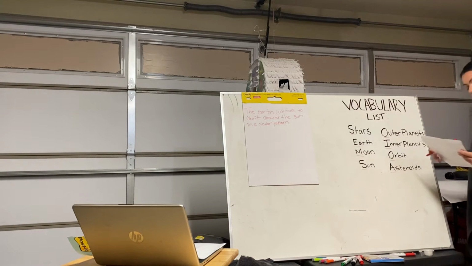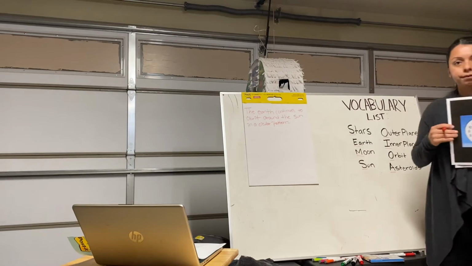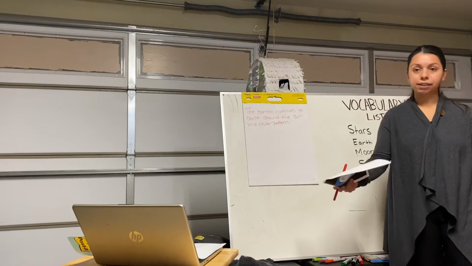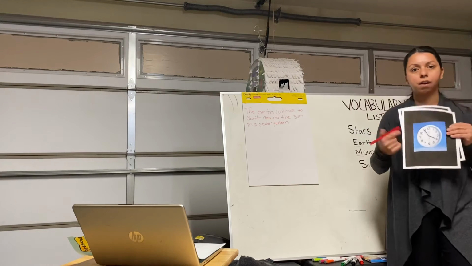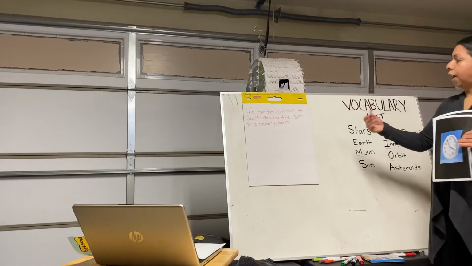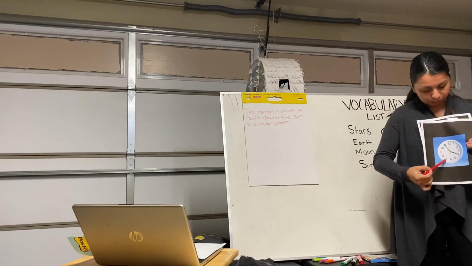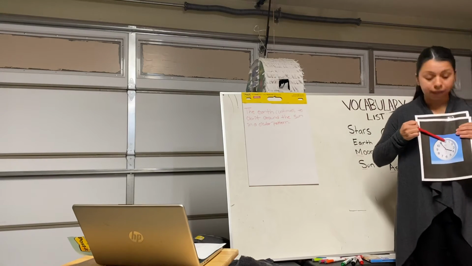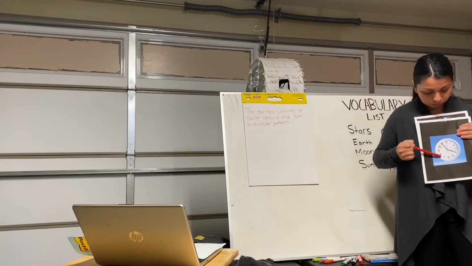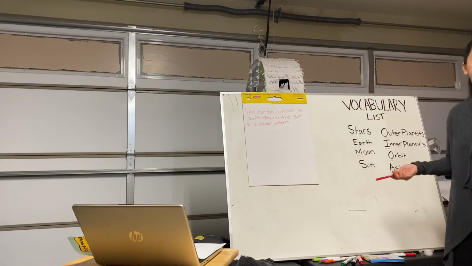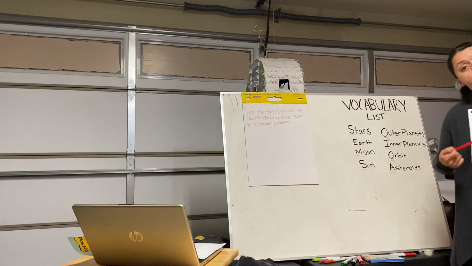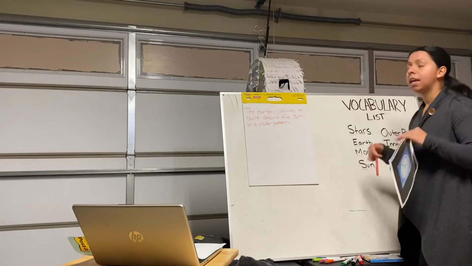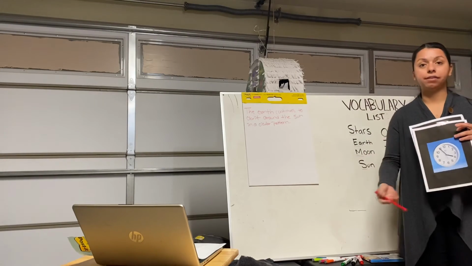Again, the clock, right? Time is represented by orbiting planets. So the clock goes around every single day. It's the same pattern every single day. It starts from 12 at midnight all the way to 12 in the afternoon, then again 12 at midnight. So it's the same pattern every single day, every single year.